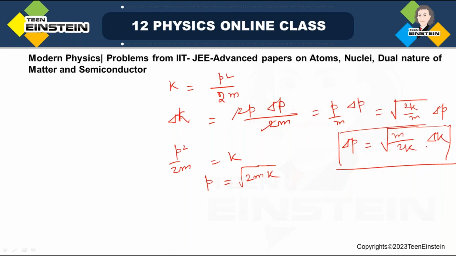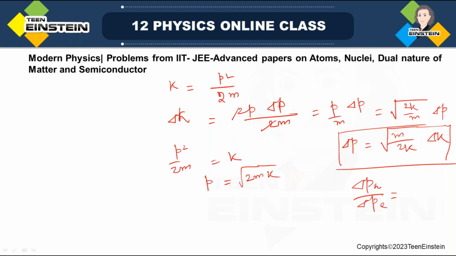Now we have already found out the kinetic energy, so the change in the kinetic energy may be taken in the same proportionality ratio. So K2 by K1, if we take this by this, we'll get the same proportionality ratio. M is anyway the same for both.